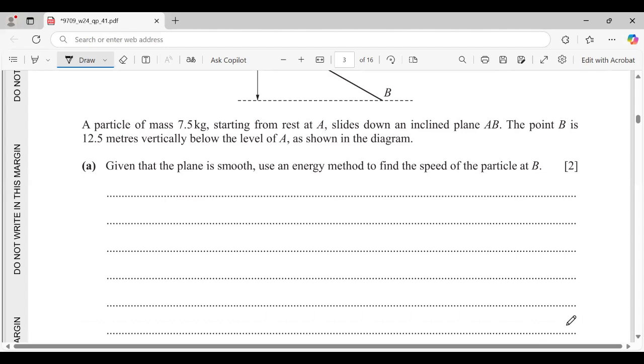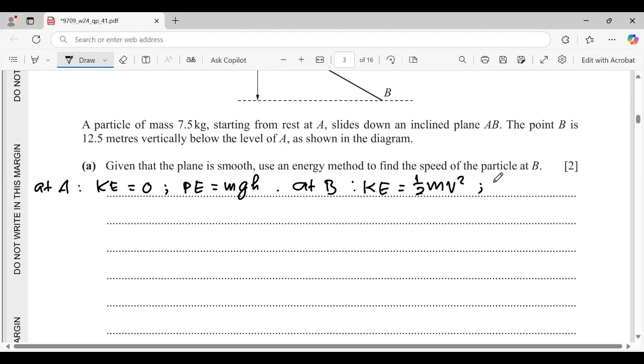Okay. So we are going to find speed, or velocity. At point A, the kinetic energy equals 0, because it starts from rest, and the potential energy is m times g times h. And at point B, the kinetic energy is 1/2 mv squared, while the potential energy equals 0.